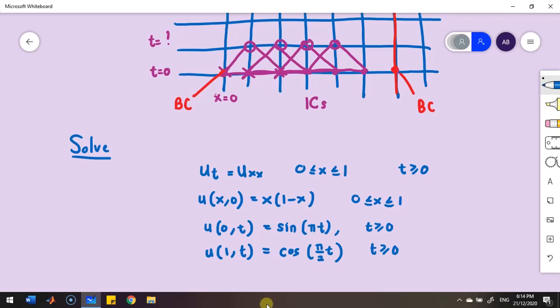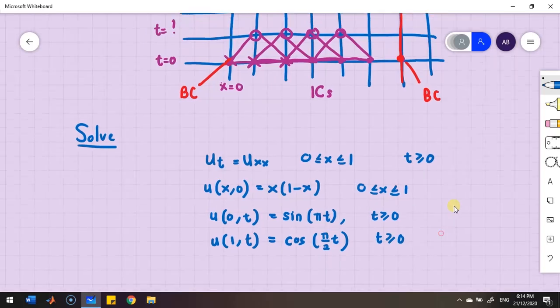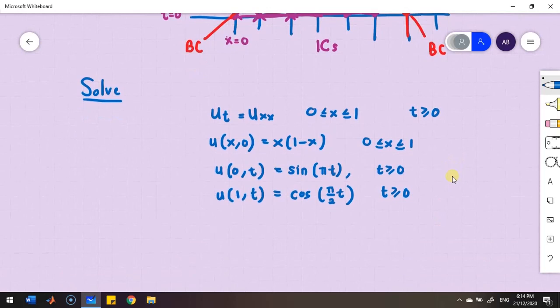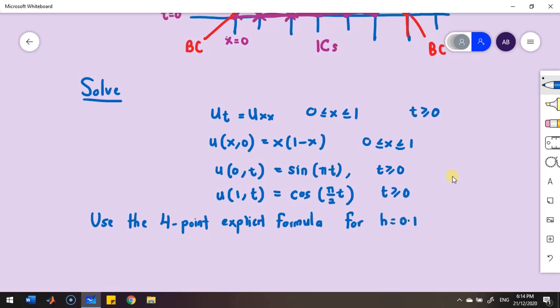So what I want to do here is use the four-point explicit formula for h equals 0.1 and k equals 0.001.